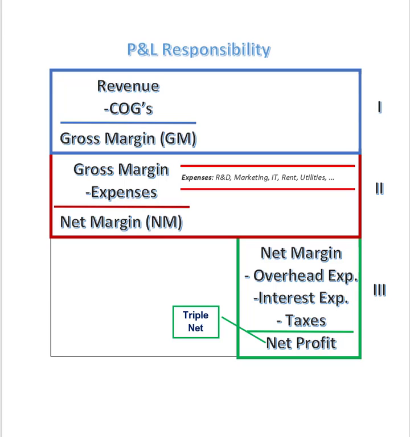So we may be able to have, for example, let's say we have a building dedicated to the IT department. Well, in that case, in all likelihood, we could probably associate the cost, the rent, if you will, and the utilities to that department, to the IT department, and therefore it would appear in Part 2 as opposed to being in Part 3.